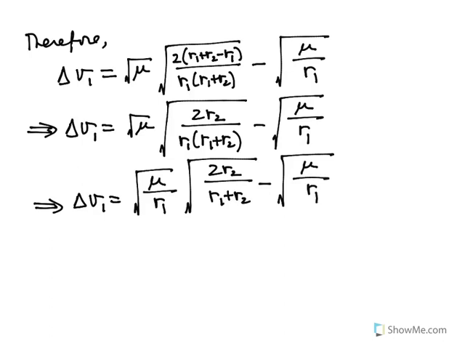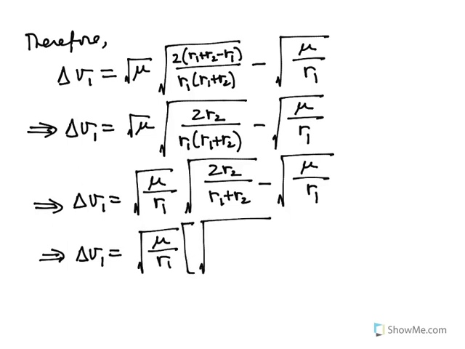Now, I can factor out the square root of mu over r1 to get a result that is even simpler than that. You get the square root of mu over r1 times the square root of 2r2 all divided by r1 plus r2, minus 1. And that takes care of the first delta v. Now we're going to go on and do the next delta v.